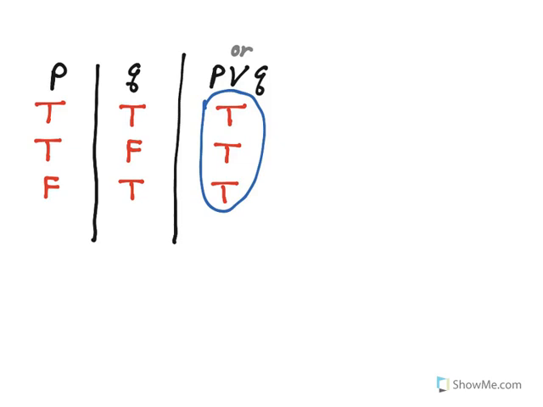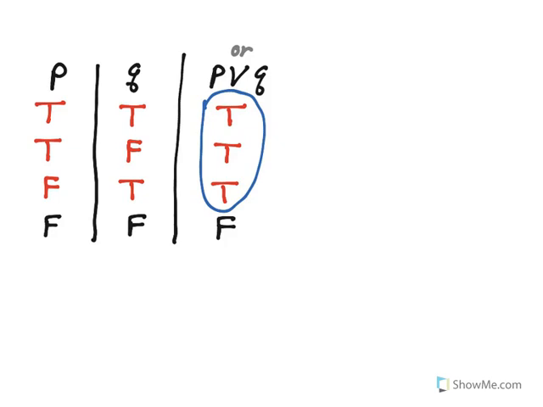Does that make sense? And then of course, if both propositions are false, then the third has to be false, because we didn't start with one true statement. We start off with both false statements, so that doesn't meet the condition that one of the columns is true.